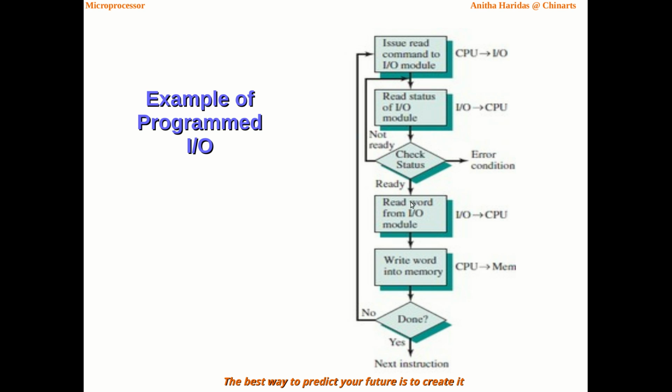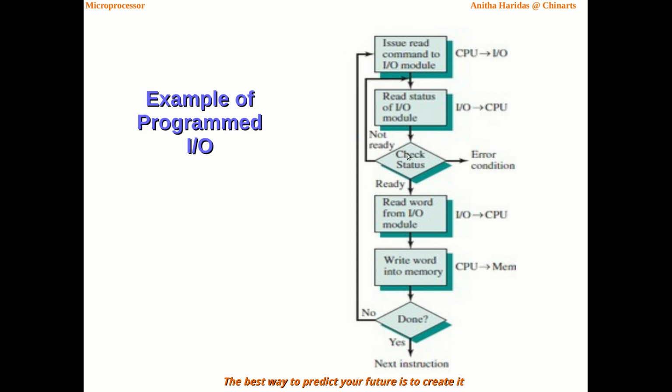If it is ready, that means what? If the input output interface is ready with the keyboard character, if the input output interface unit is ready for receiving the data, then the word will be read from the input output module, then it will be written to the memory, right?